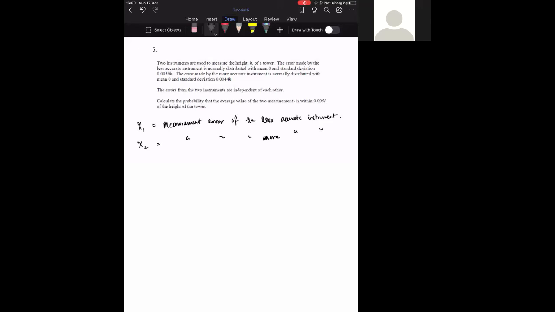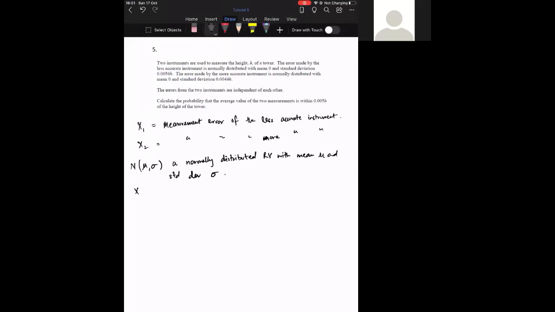We also know that, so let's say that the following denotes a normally distributed RV with mean mu and standard dev sigma.